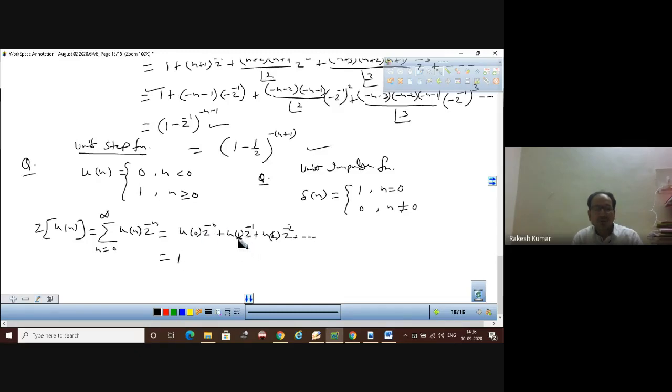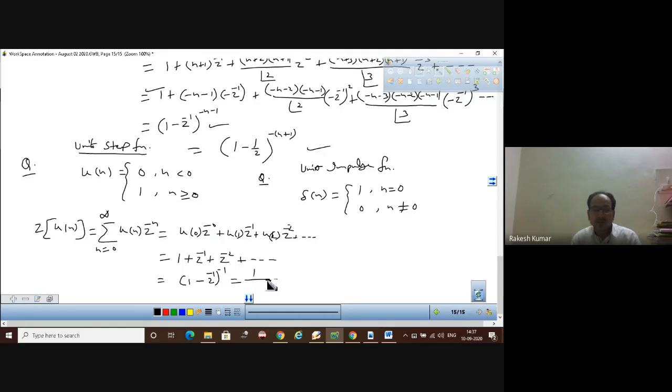For u(1), the value is again 1, since for n greater than or equal to 0 all values are 1. So that will be 1 plus Z inverse plus Z raised to power minus 2 plus so on. So it can be written as 1 minus Z inverse whole inverse by using the binomial.